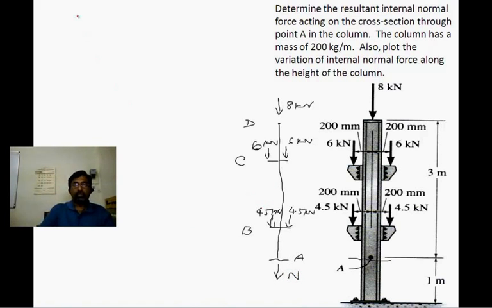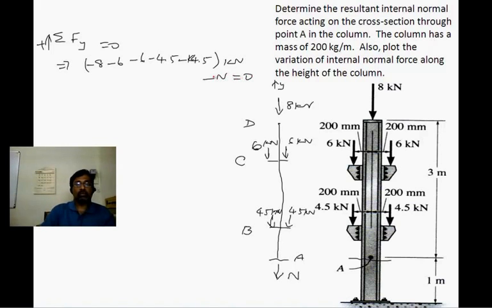Now from the free body diagram, if this is the y direction, we can say sigma Fy equals 0, upward being positive. That implies minus 8, minus 6, minus 6, minus 4.5, minus 4.5 kilonewton, minus N is equal to 0.